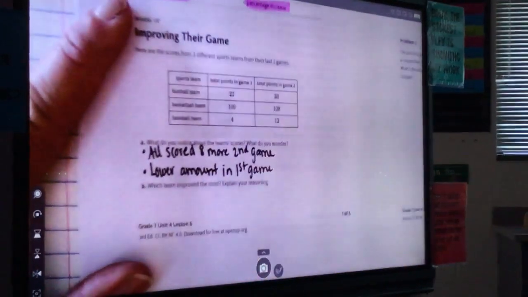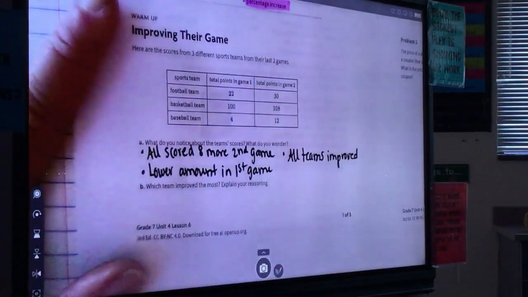Okay, what else? Caden. I don't know anything that's already been said. Okay, Emma. All teams improved by eight. Okay, what else?